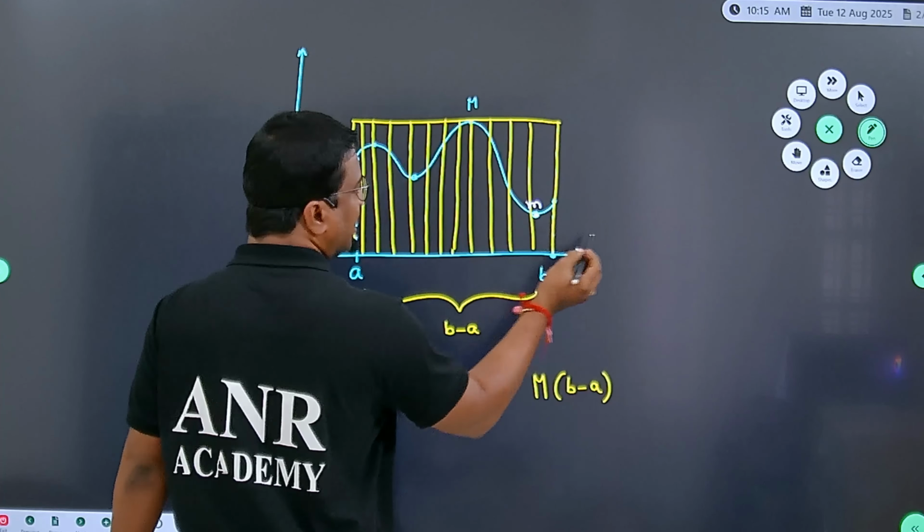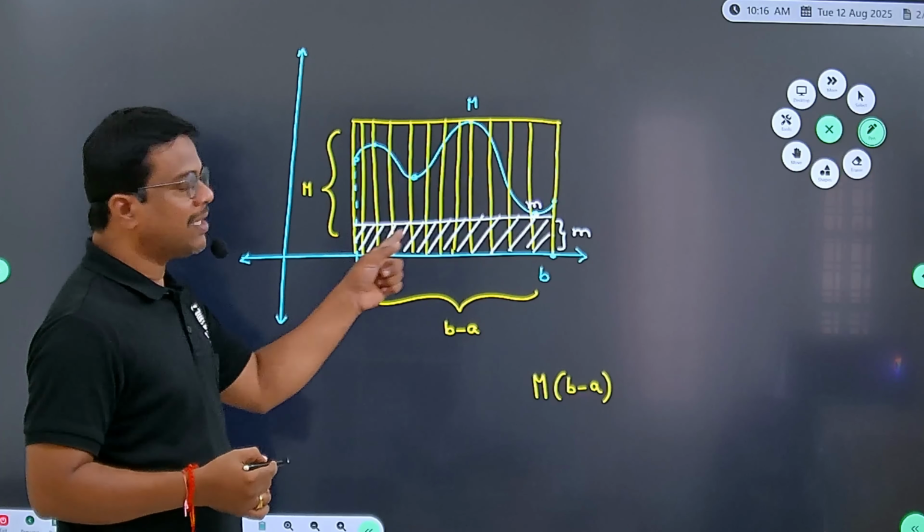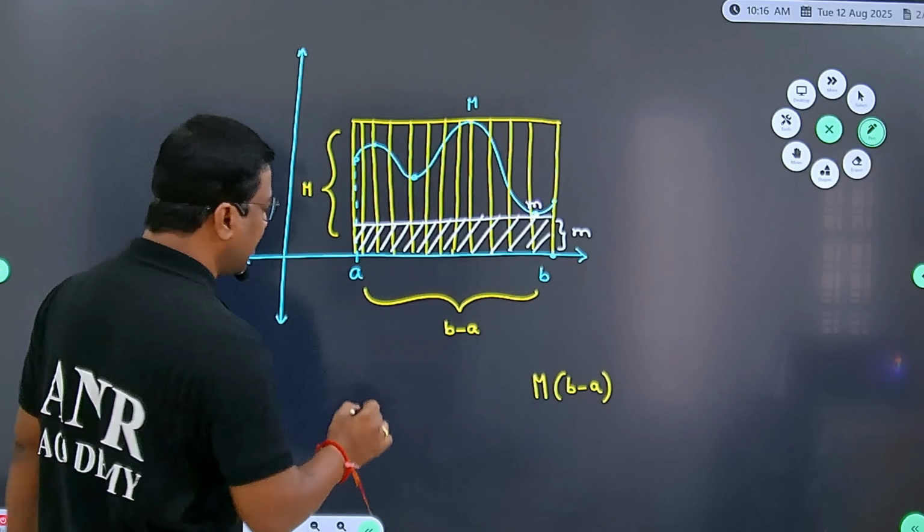It is of height small m. Why? Because here you have the height small m. Next, width as it is, length as it is, height small m, width and length b minus a. And now the area of this rectangle shaded with white color is small m of b minus a.